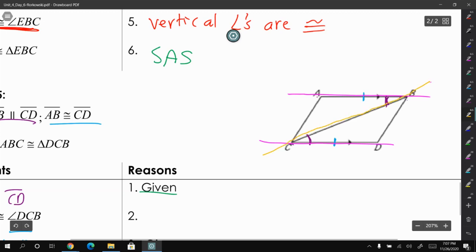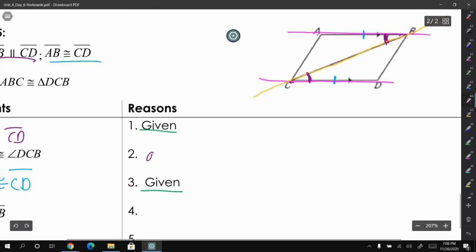Remember I said that the parallel lines and transversal stuff was not going away. So we have two parallel lines in pink, and that yellow or orange line is our transversal. The purple angle is below the transversal, and this purple angle is above the transversal. So those are alternate interior angles. So the reason that those two angles are congruent is because alternate interior angles are congruent.